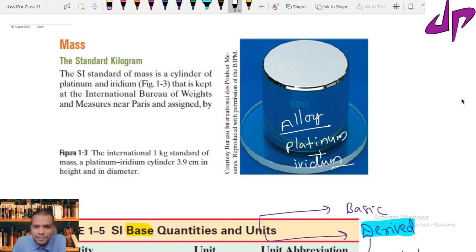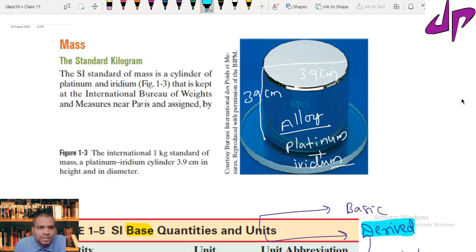It has certain dimensions: 3.9 centimeter height and 3.9 centimeter diameter. This is the standard size of the metal which they kept at the International Bureau.